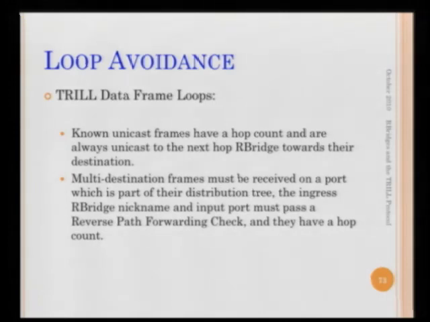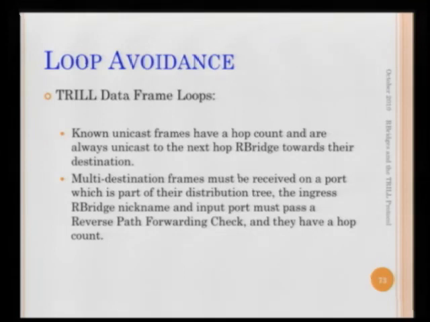So they do a reverse path forwarding check. In particular, when a multi-destination TRILL data frame arrives on a port, it's checked whether that port is really part of the tree, and then much more closely, it's checked whether, assuming that frame was ingressed by the indicated ingress nickname in the TRILL header, this is the input port on which you would expect to receive it, given your current knowledge of the distribution trees.